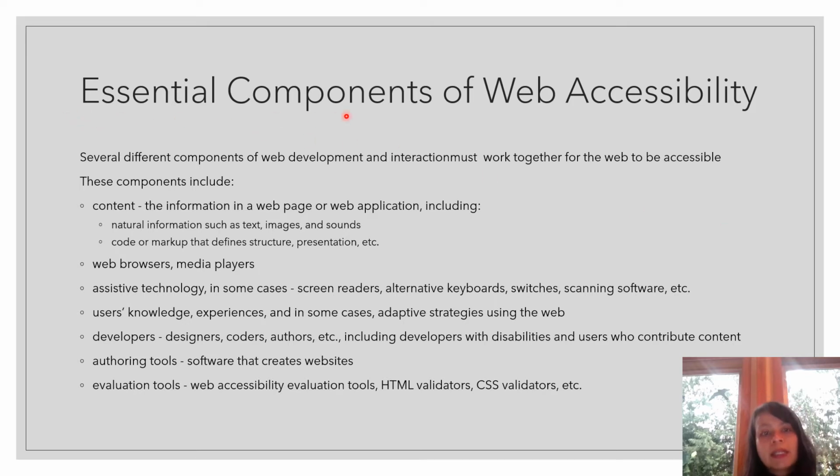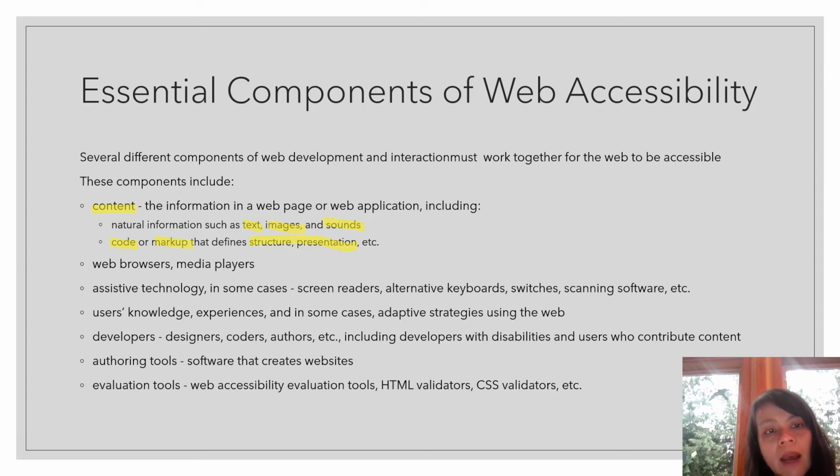So what are the essential components of web accessibility? Several components of web development and interaction must work together for the web to be accessible. The first component is content, and let me highlight that. Content is the information in a web page or web application, including natural information like text, images, and sounds, and also the code or markup that defines structure and presentation.